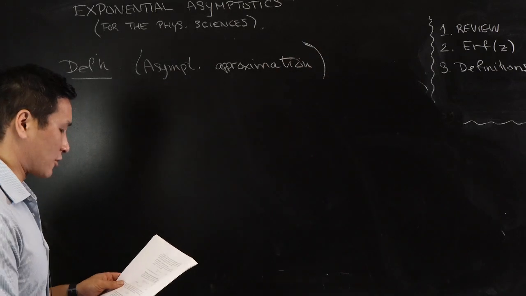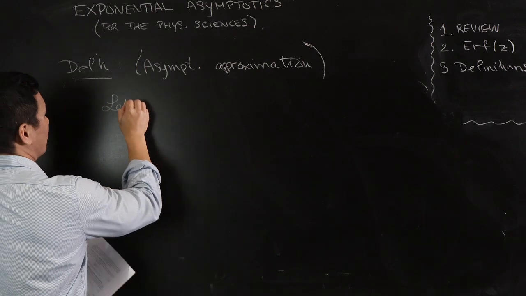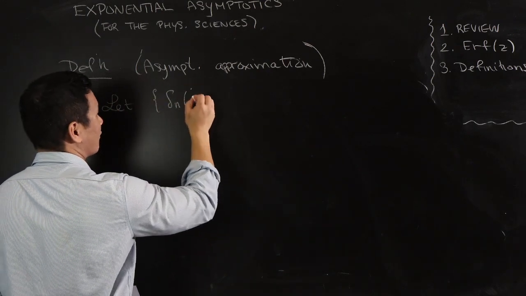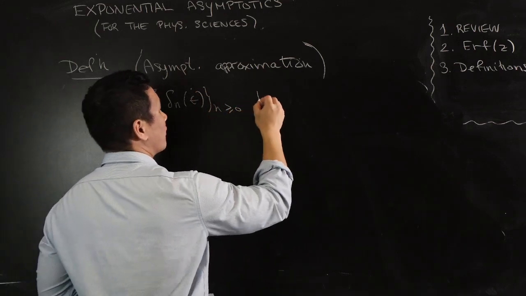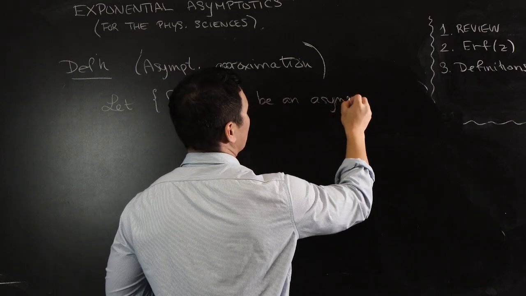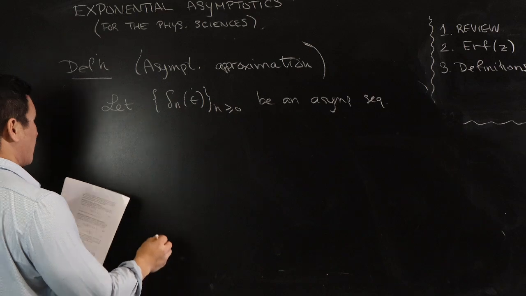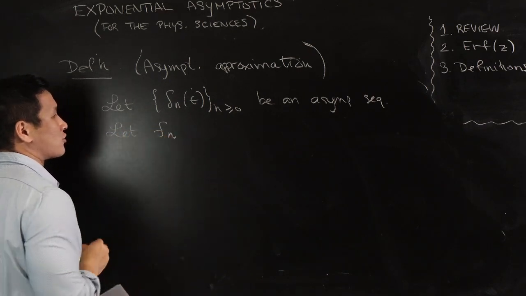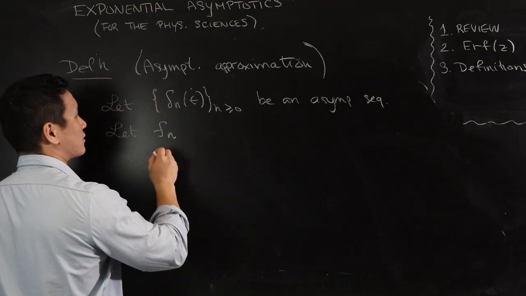Once you have an asymptotic sequence, then you can define what an asymptotic approximation, or asymptotic expansion, is. So if we let delta n of epsilon be an asymptotic sequence, we're going to use that sequence to construct a series.